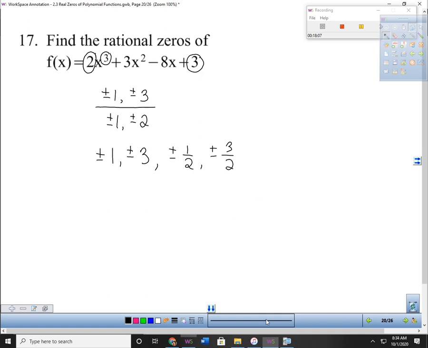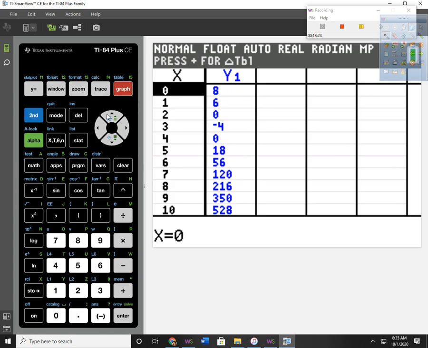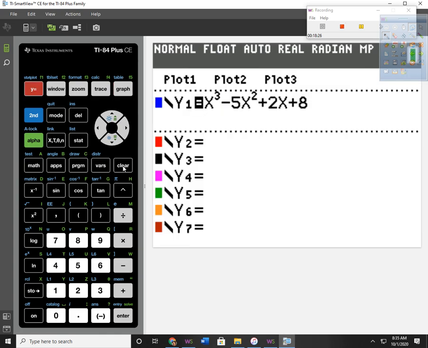Okay? So I'm going to grab my calculator, go to my y equals, and I'm going to plug in my equation, 2x to the third plus 3x squared minus 8x plus 3.